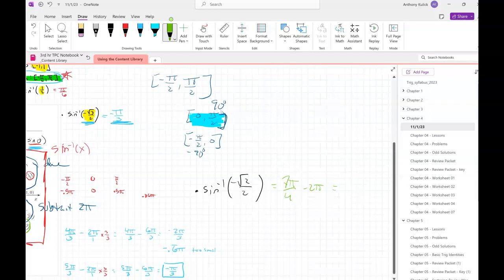And when I make my common denominator and do all that jazz that I'm just going to skip, I get negative pi over 4. Which is how long that problem should take, right? Once we're good at it, that's how long that problem should take. Is that okay with everybody?